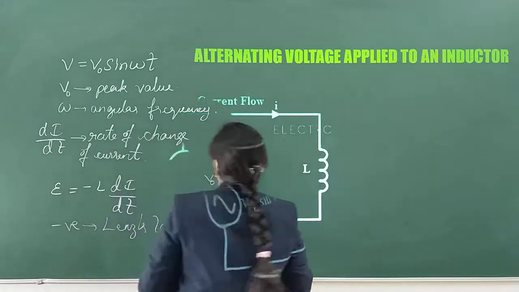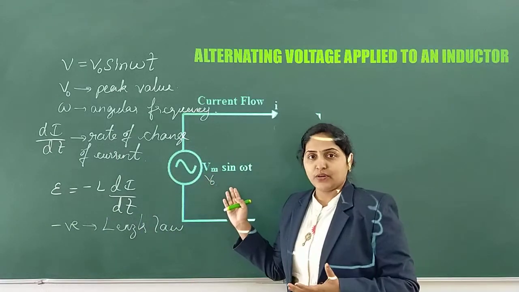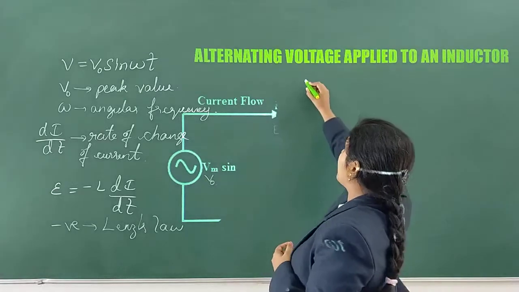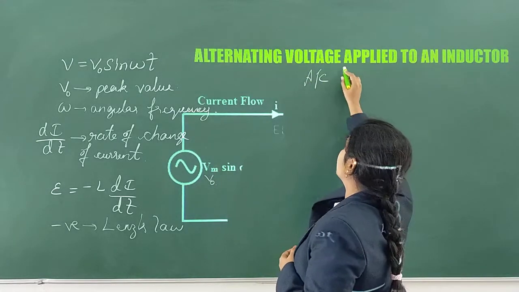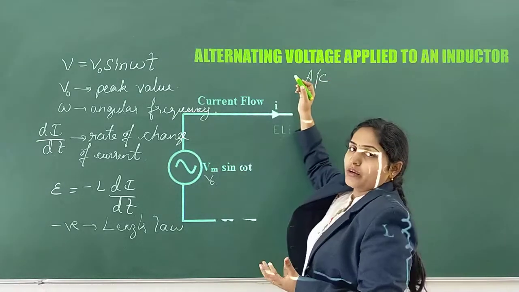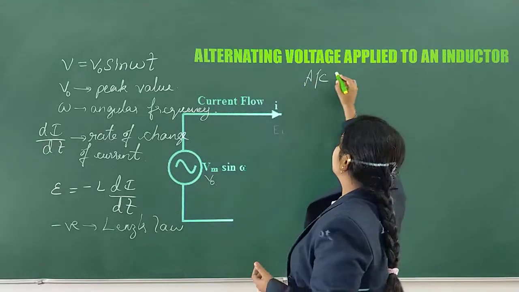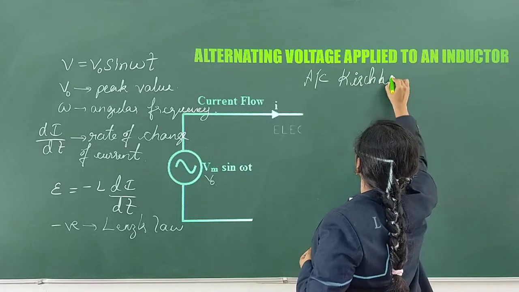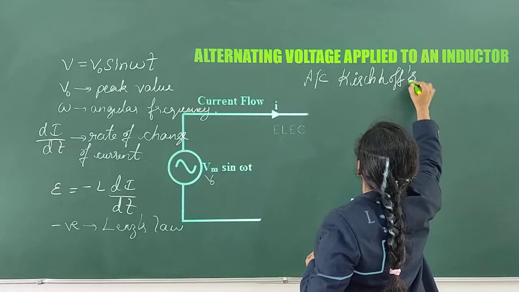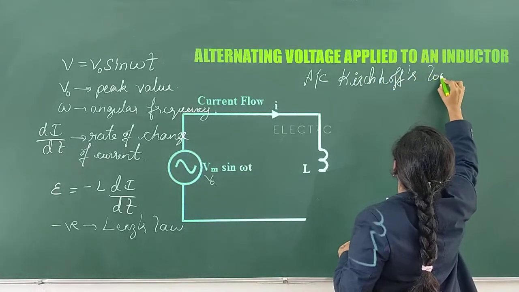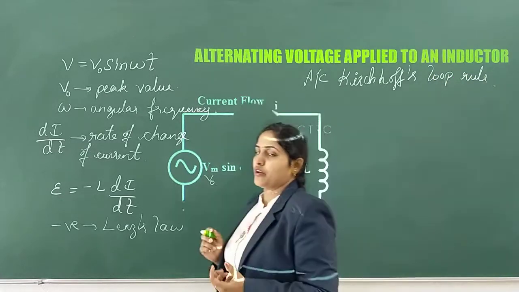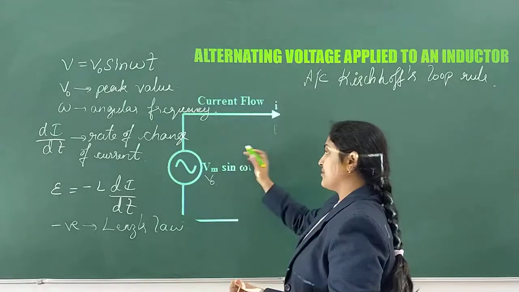Now, since resistance is 0 in the circuit, let us apply Kirchhoff's loop rule, also called the voltage law or second law, to the circuit.